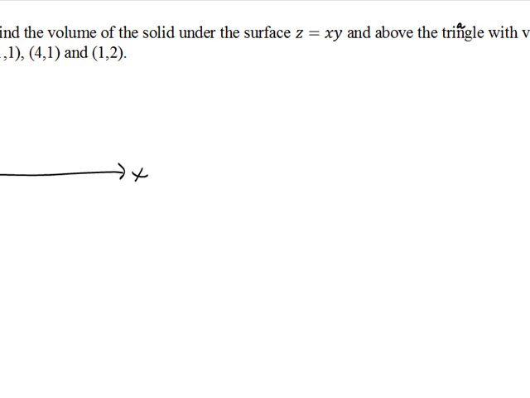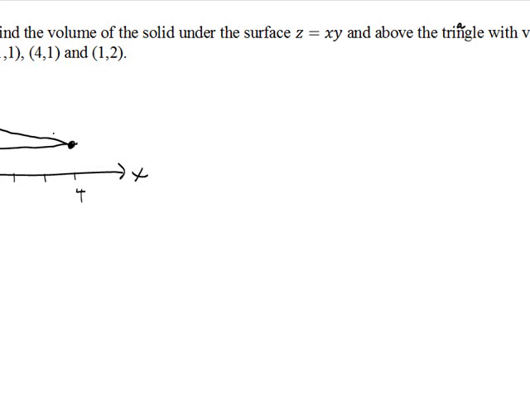So we want (1, 1). We want (4, 1): 1, 2, 3, 4. And then we want (1, 2). So that's the region.